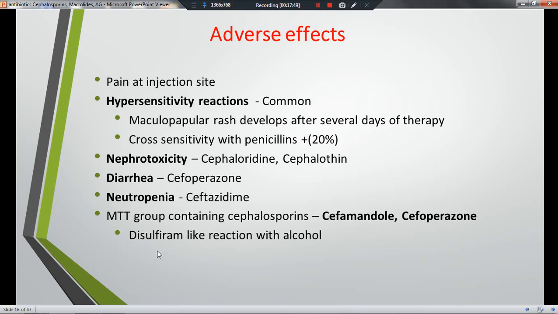So certain antibiotics like metronidazole and certain cephalosporins, when they take, they may exhibit disulfiram like reaction. So you should advise, if they are on these antibiotics, that they should not consume alcohol. And sometimes they may show severe bleeding, especially hypoprothrombinemia. This is seen with this group of cephalosporins as well as with ceftriaxone.